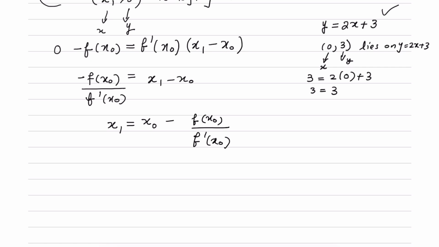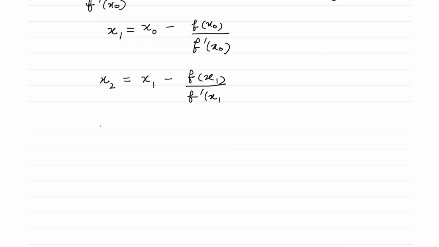We have the formula for x1. The same way we could find the formula for x2, which would be, we are just looking at the pattern of x1, x1 minus f of x1 over f dash x1. The same way we can write x3, looking at the pattern for x1 and x2, which would be x2 minus f of x2 over f dash x2.